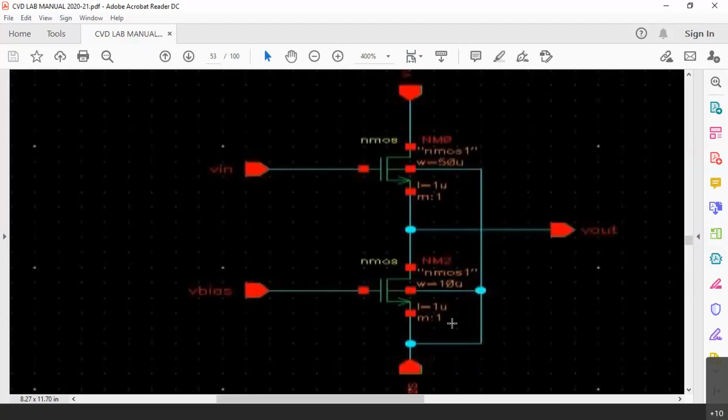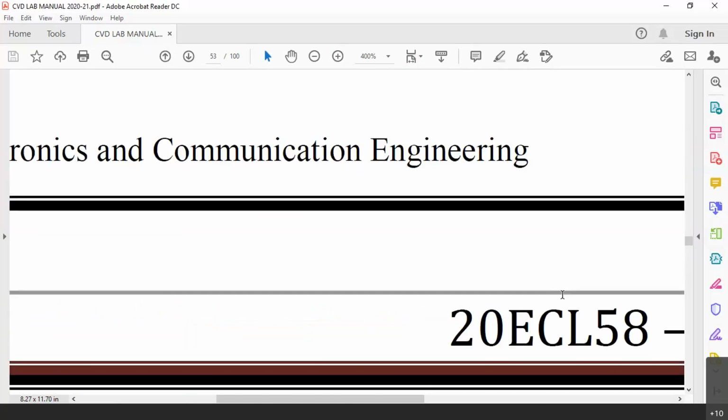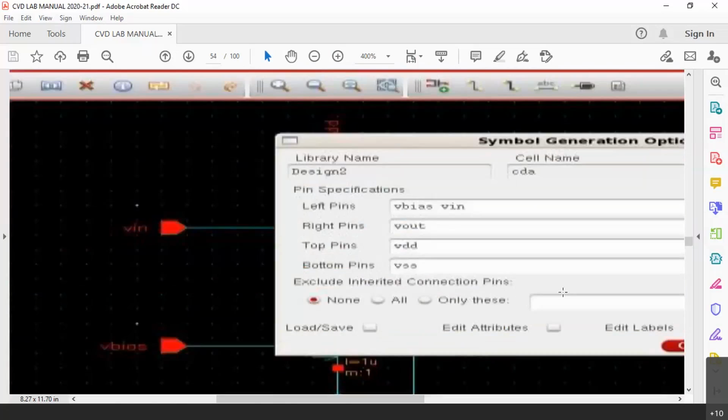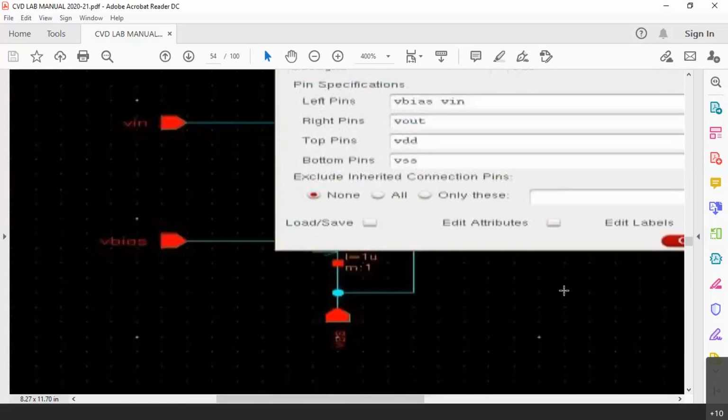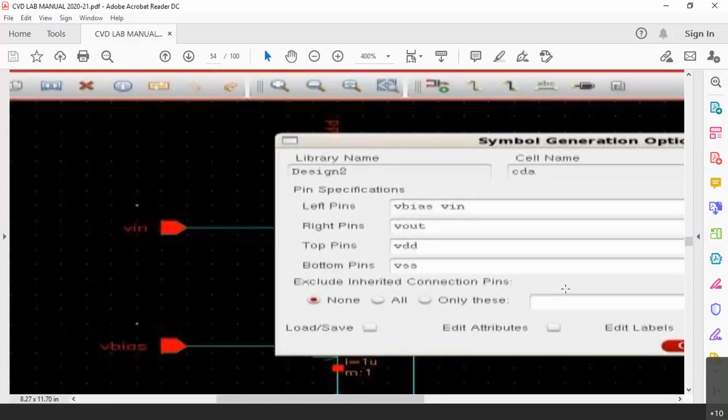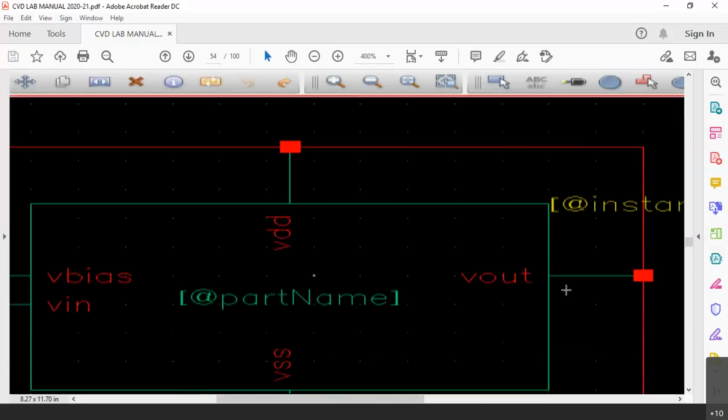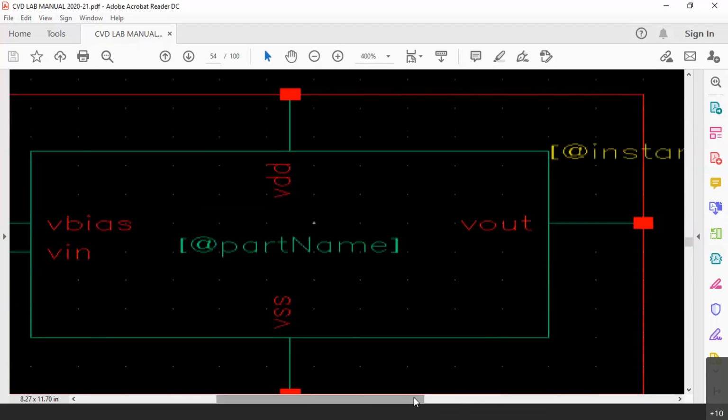You can see 1:10 for the lower transistor, 1:50 for the upper transistor. This is the common drain amplifier's circuit diagram. Now, simulation can be performed for the same circuit. There can be V bias, VDD and V out pins. That is what is shown here. Then a symbol can be created.